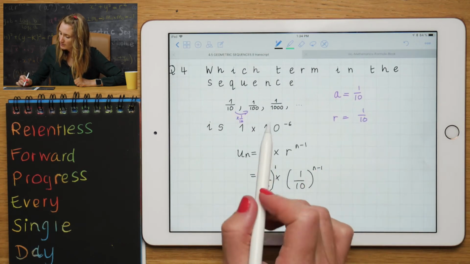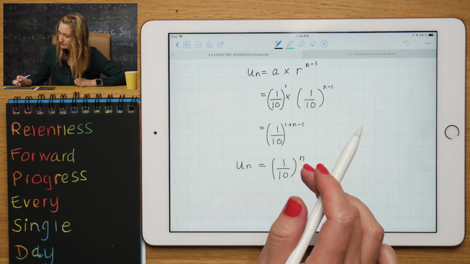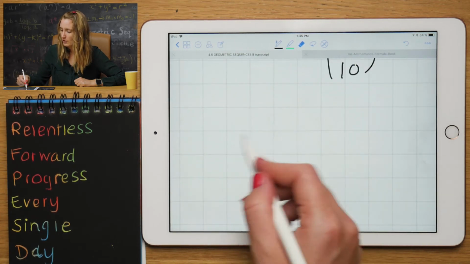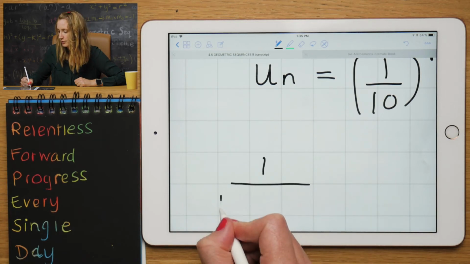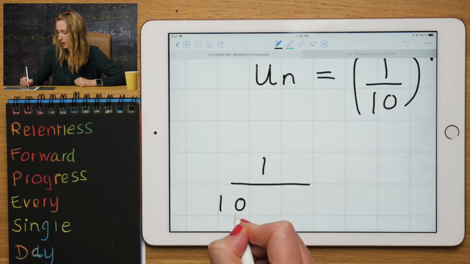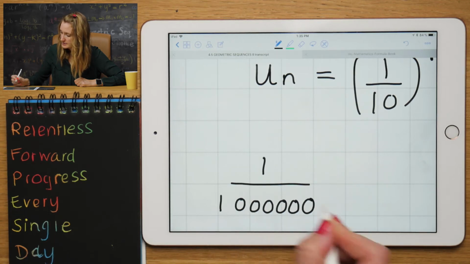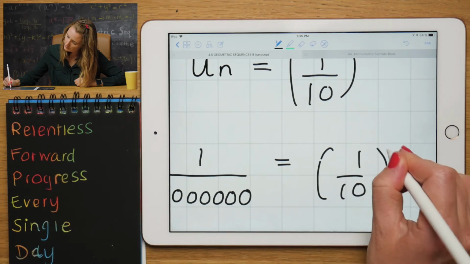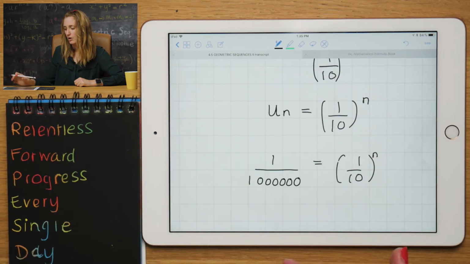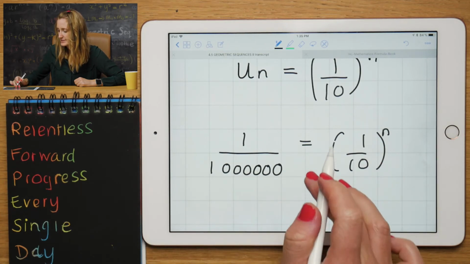Now, the term in the sequence they've given us is 10 to the minus 6. It's also useful to know that 1 over 10 to the power of 6 would be 1, and you would have here 6 zeros. 1, 2, 3, 4, 5, 6. You could solve this with logs, or you could rewrite these so that they're both in 1 over 10.